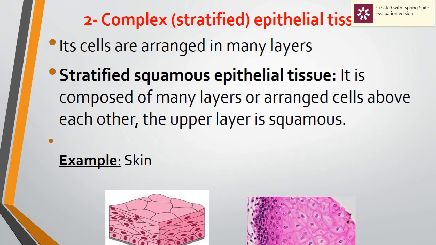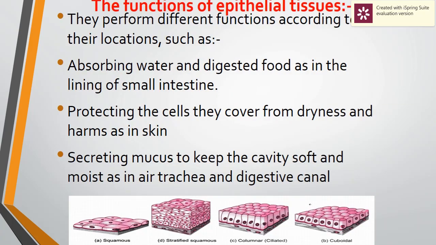So here, according to the location, these cells perform their function. Like in the small intestine, the lining of the digestive system, they absorb water and digested food. The stratified squamous tissue of the skin is protective, covers the body, and protects us from dryness, harm and microbes, as in the skin epidermis.